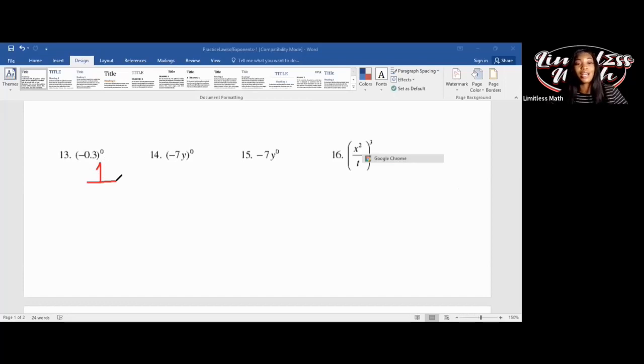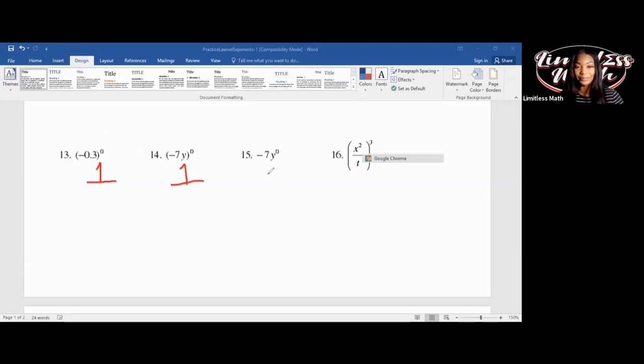Anytime we raise something to the 0 power, it's 1. Okay? 14. Once again, we have an expression inside of parentheses. We have negative 7y. This whole thing is being raised to the 0 power. And that's okay, because it still just becomes 1, right?